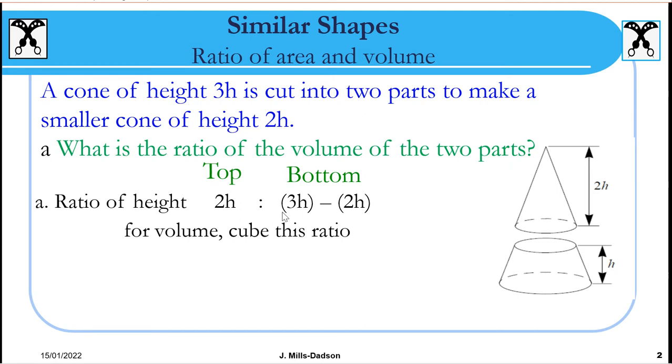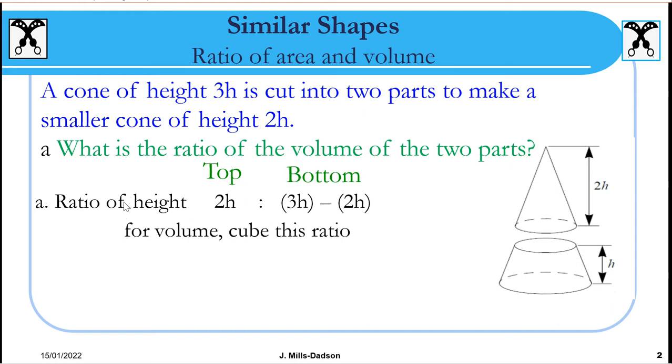We need to have an expression to represent 1h. The expression is the full height 3h minus the bit that is cut off, because this also stands for 1h, so that when we apply the volume effect, we will see the full effect of the height on the base shape. So note that, don't just use 1, and you know why it cannot be 1.